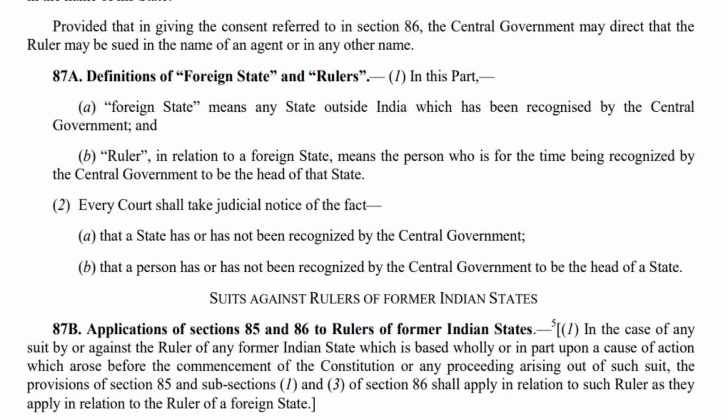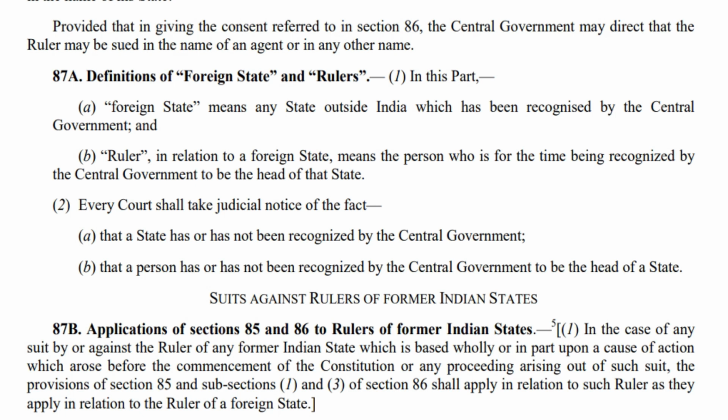Let us take the same example. There is a foreign state by name X and there is a ruler by name A. If that ruler A is not recognized by the central government, in that case, that person cannot be considered as a ruler. Imagine there is a conflict between A and B. A is saying that I am the ruler, B is saying that he is the ruler. In this case, the central government is recognizing B instead of A. In that case, B becomes the ruler and not A.